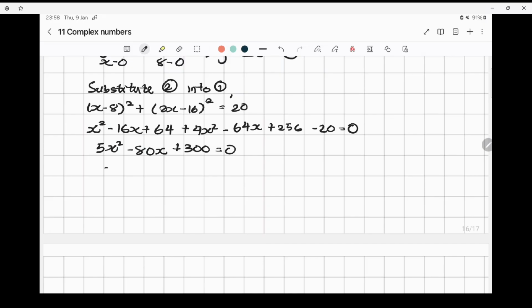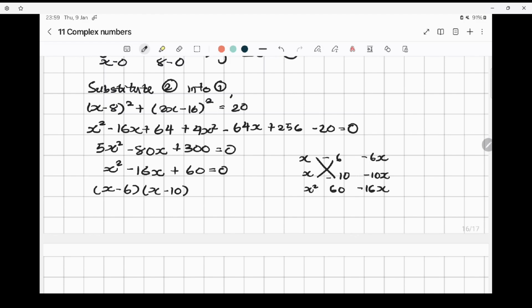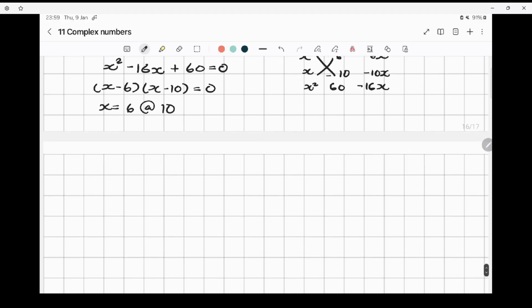So you divide everything by 5, you have x squared minus 16x plus 60 equals 0. So now factorize this. This will be 6 and 10. So in the end you have x minus 6, x minus 10 equals 0. x will be equal to 6 or 10. So now we know that y equals 2x, so y will be equal to 12 or 20.